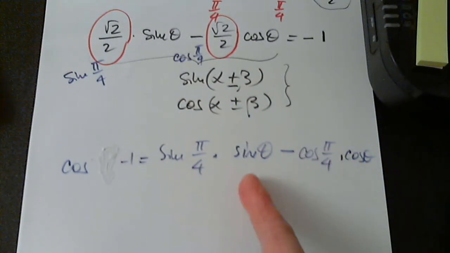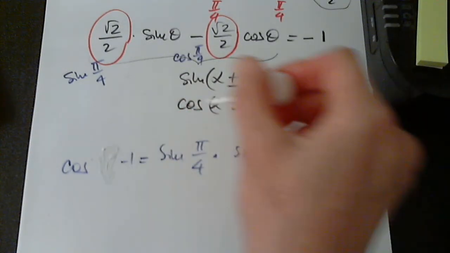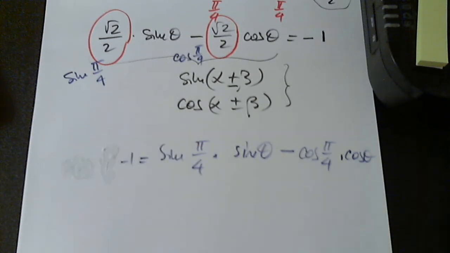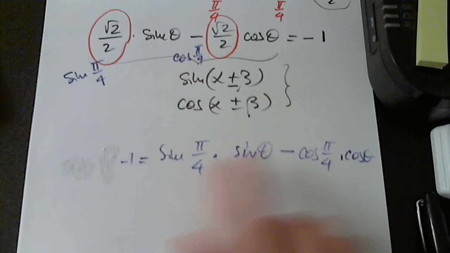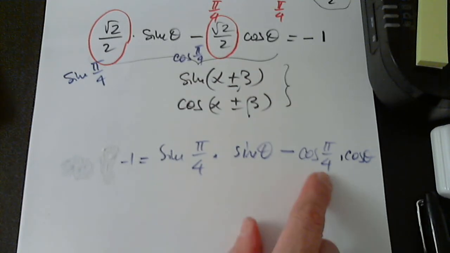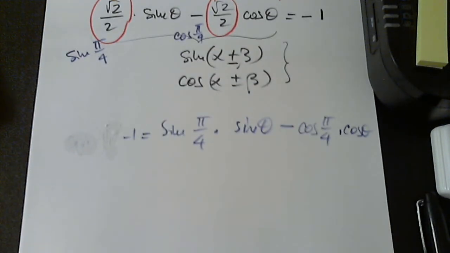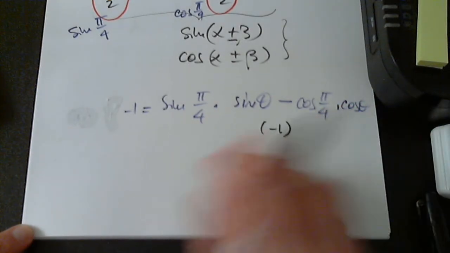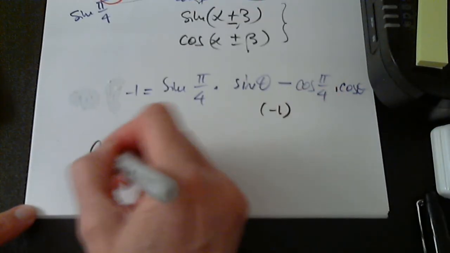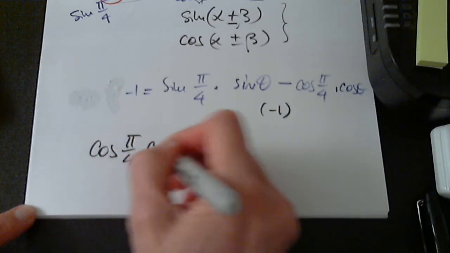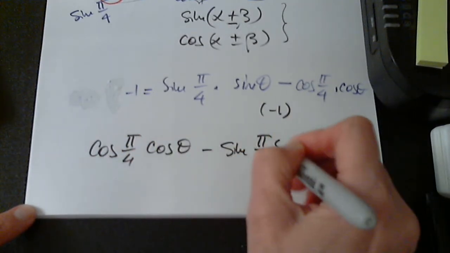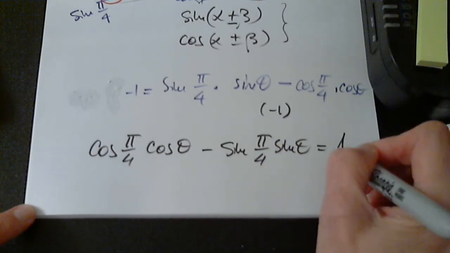Since it's cosine, cosine, and sine, sine, then of course we have to use cosine. There is no other option. Now, remember the formula requires minus in front of sine, not in front of cosine. So that's the easiest thing we can do. Multiply both sides by -1. So then, cosine pi over 4, cosine theta minus sine pi over 4, sine theta equals 1.